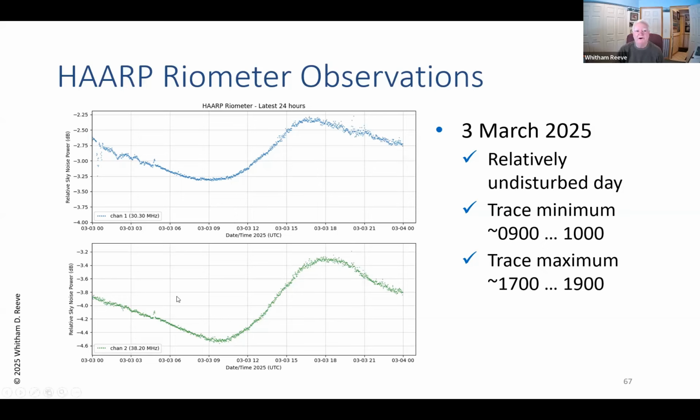But on the 3rd of March, we got a couple of traces that only had a few little burbles in them. So this is more or less what a quiet day would look like: you have a minimum around 1000 UTC and a peak in the neighborhood of 1800 UTC.